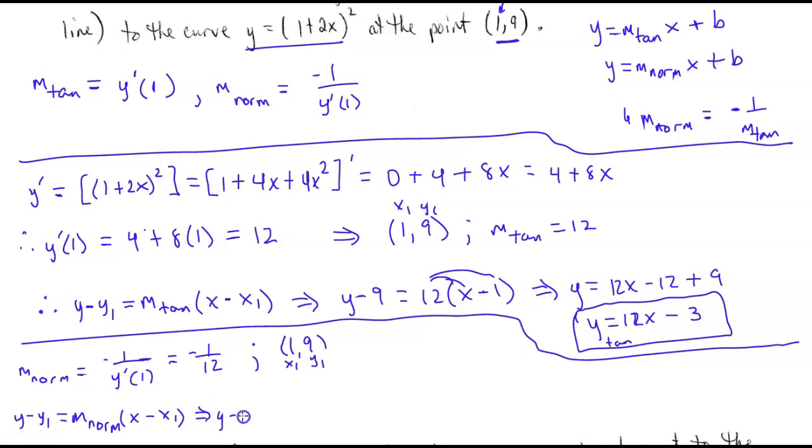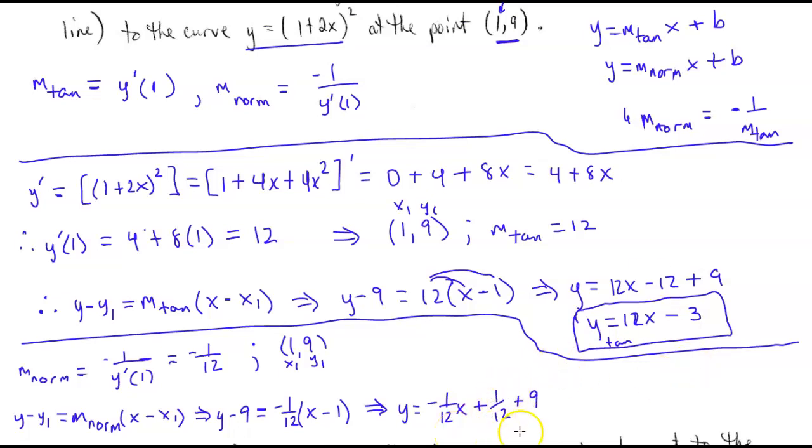We'll get here that y minus y1, 9 again, -1/12 for the slope, x minus 1. And here this will be y is equal to -1/12x plus 1/12. And then if we add 9 to both sides here, it will be plus 9.